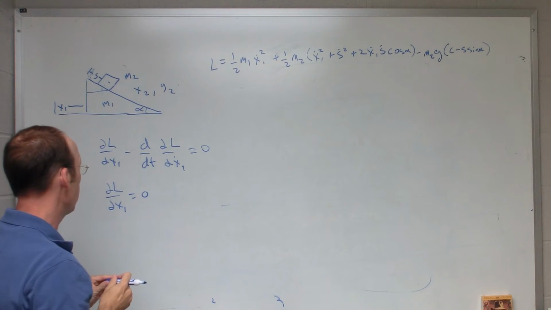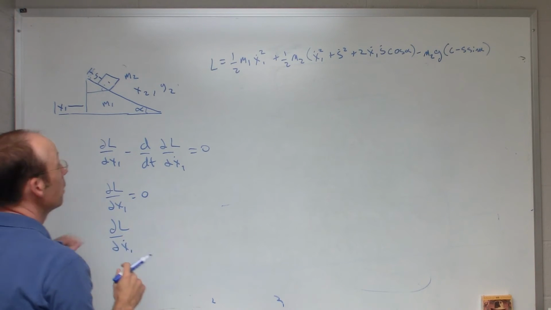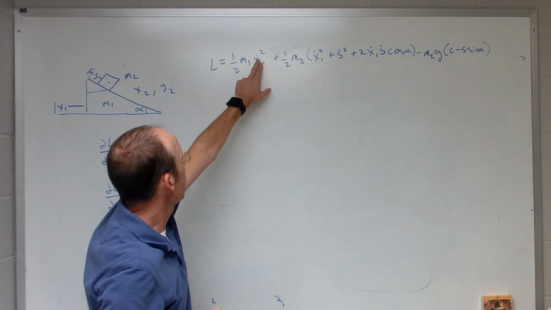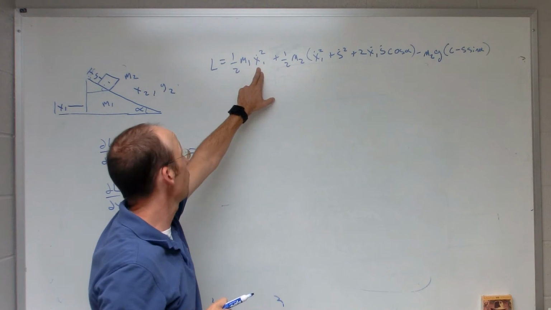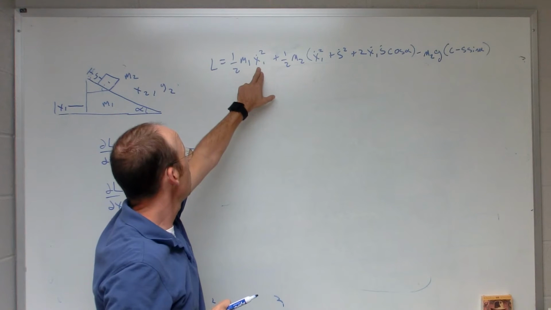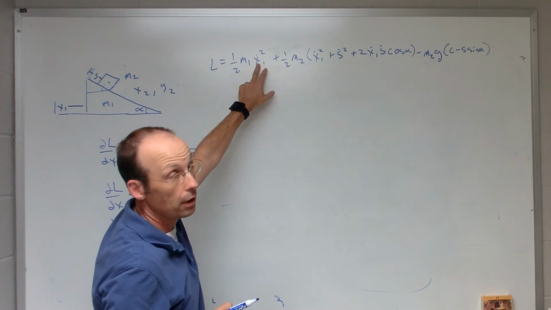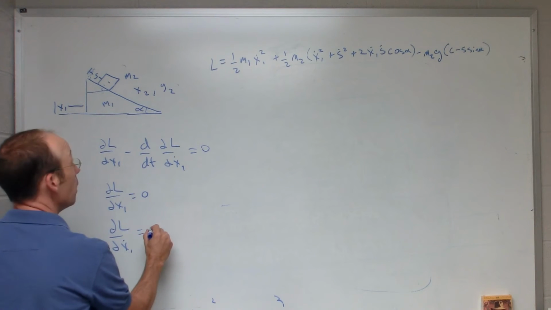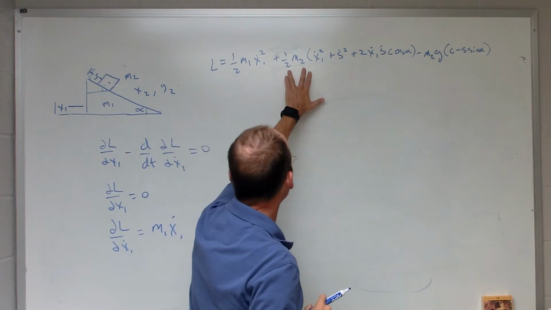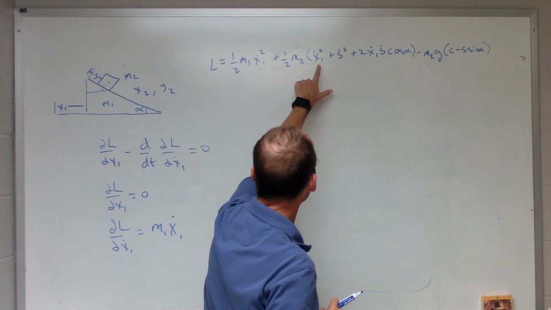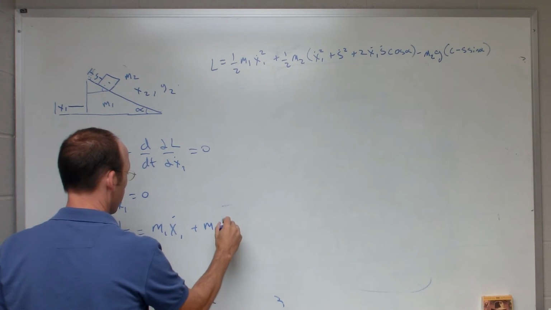Now let's do the partial of L with respect to x1 dot. The partial of x1 dot squared with respect to x1 dot gives 2 times 1/2 times m1 times x1 dot, so I just get m1 x1 dot. Up here I have another 1/2 m2 x1 dot squared, so I get plus m2 x1 dot.